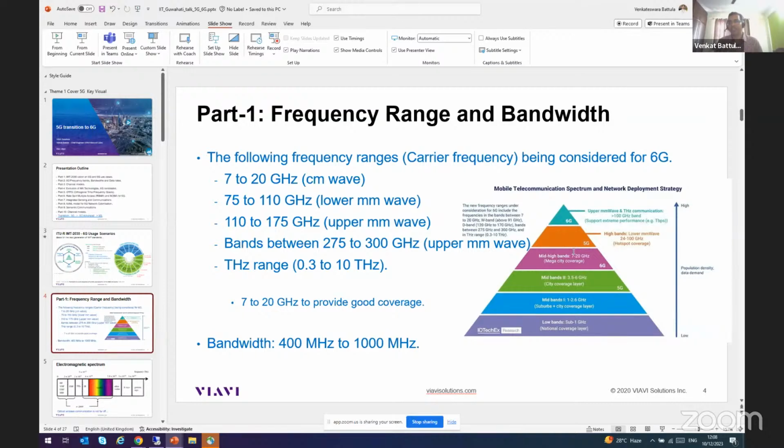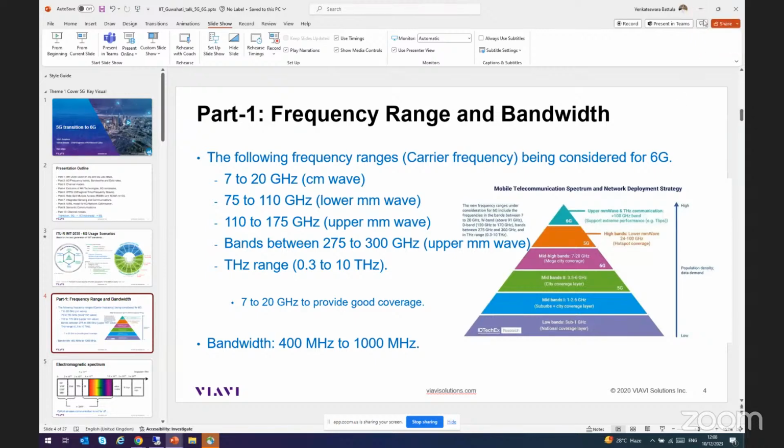They are the ones who are going to pay for all this, so they need to make the transition as well. So we evolve from the known terrain slowly into the terahertz range, where 6G is aiming to go.